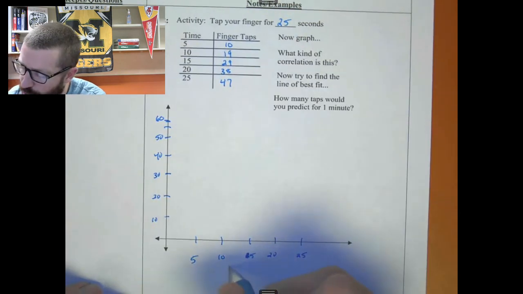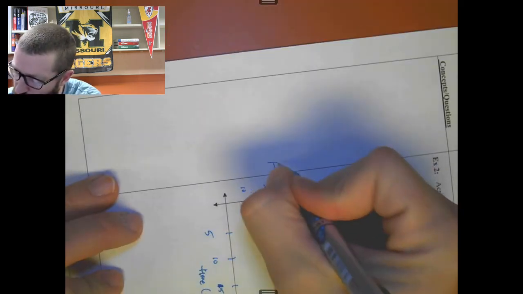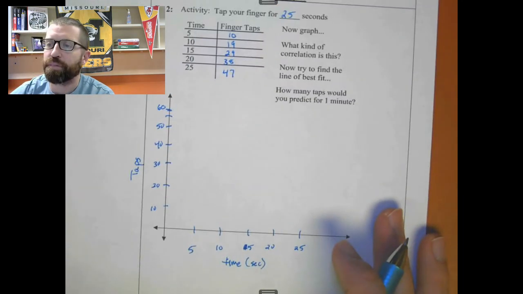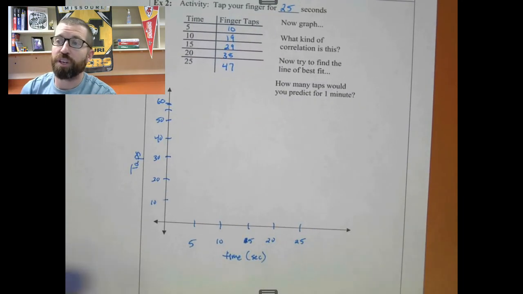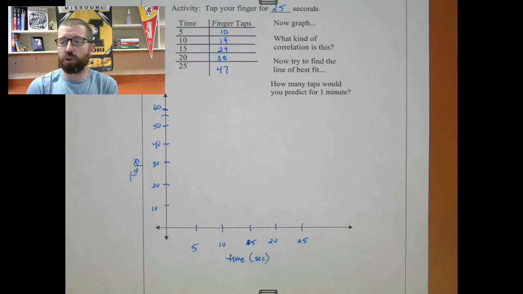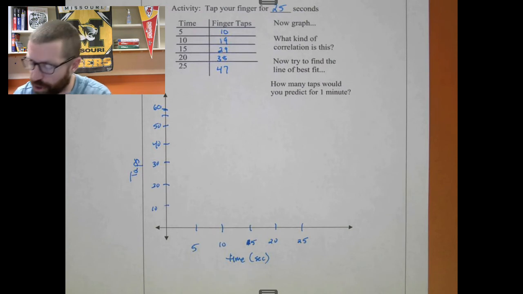And so this is time, and it's always a good idea to label it in seconds. And this is taps. Your tick marks, once again, equally spaced, and don't cram them in really close. Keep them spread apart so you can tell what's going on.